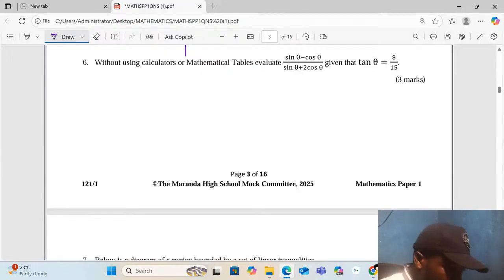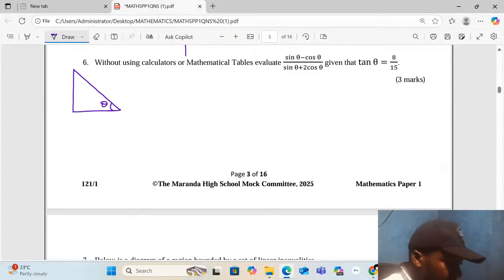We can have a triangle here so that it will help us. We know that tan theta is equal to opposite over adjacent.